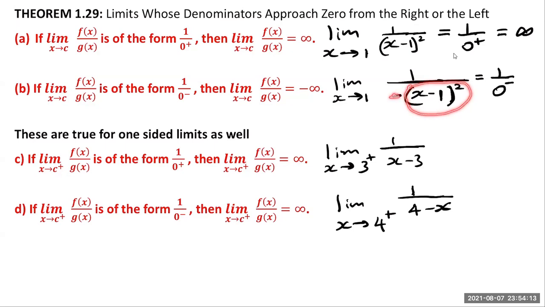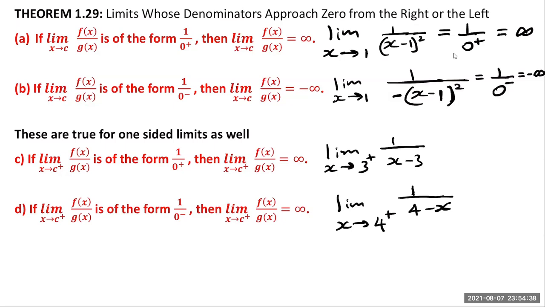So as x approaches 1, this whole thing approaches 0 from the left hand side because of this negative sign. So we get the form 1 over 0 minus. If you get the form 1 over 0 minus, your limit is minus infinity. You have to have the minus sign.